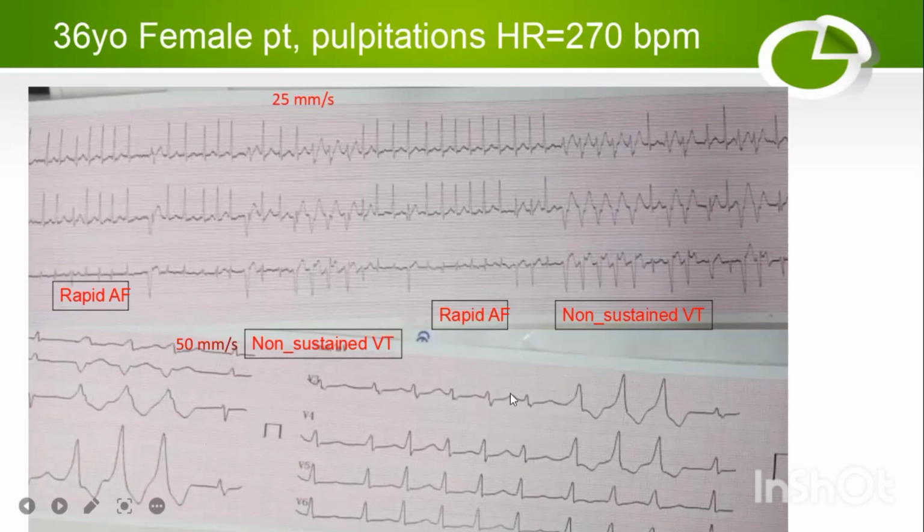So irregular waves alternating with regular waves in this ECG of the female patient, 36 years old.